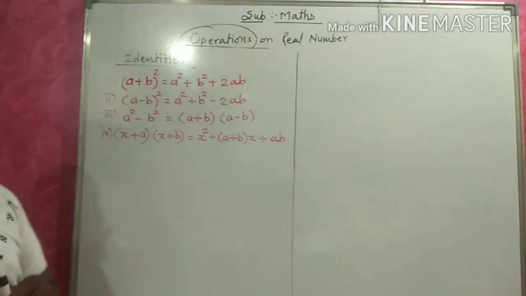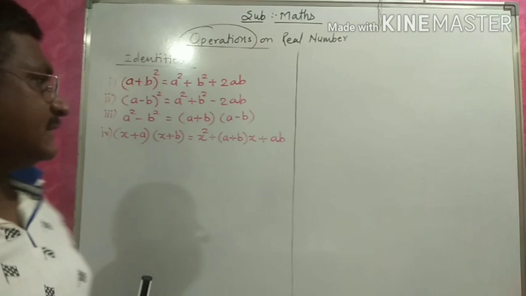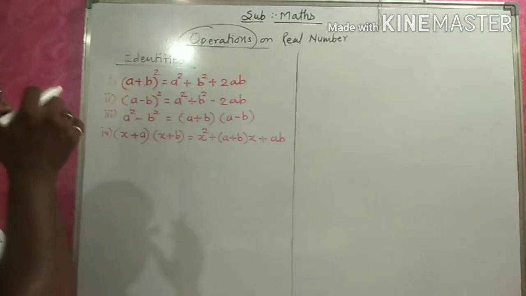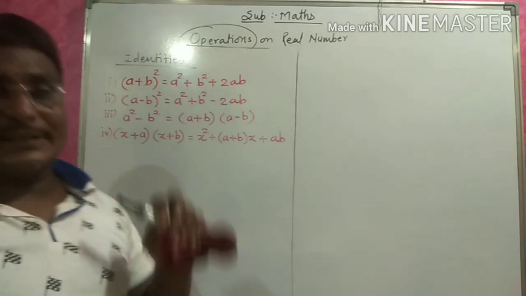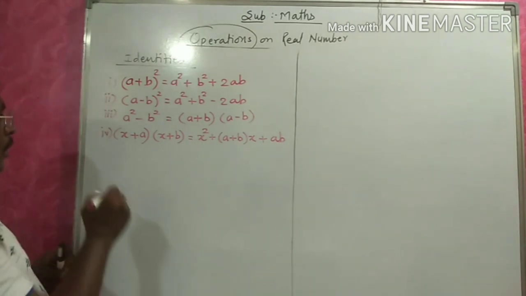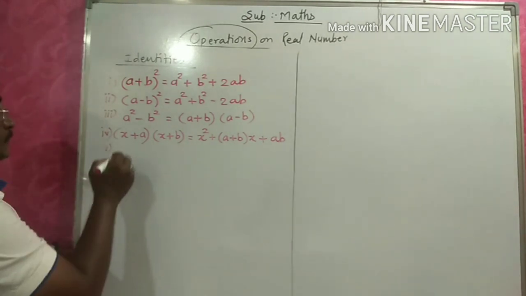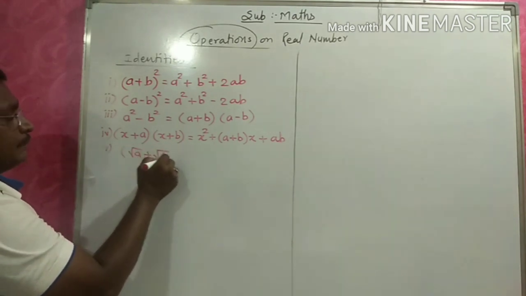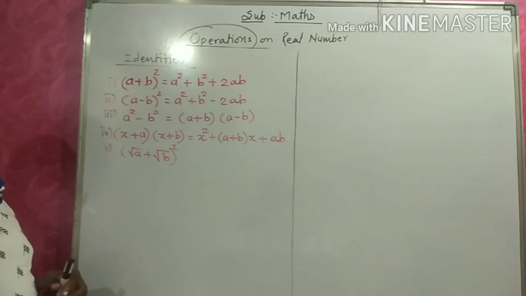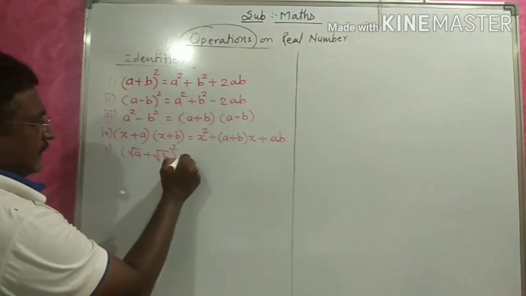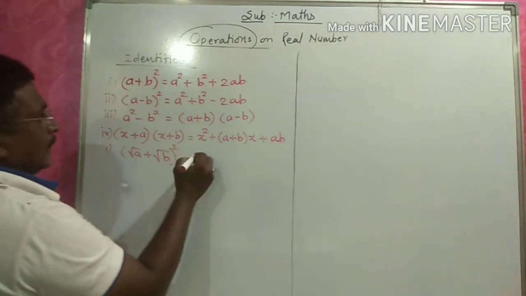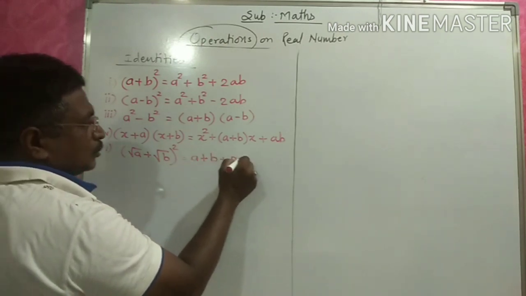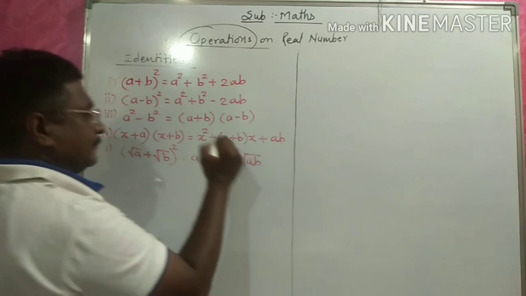The identities are the same, the only difference is that there, simple rational numbers were taken. Now we will take irrational numbers. So how to take irrational numbers? (Root A plus root B) whole square. So what do we get? A plus B plus 2 root AB.